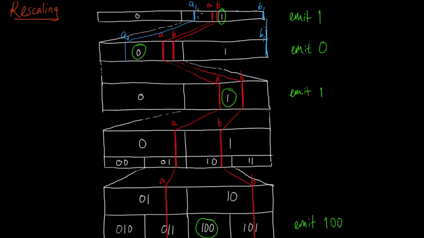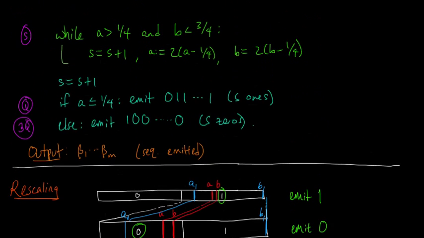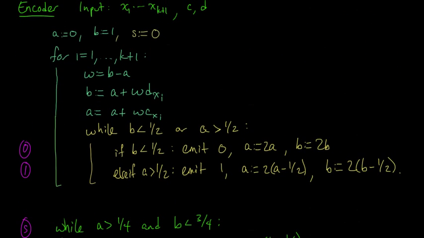So these two operations of rescaling and subdividing commute. They can be interchanged. You're going to get the same A, B here in either case. So that's why we can interleave these operations right here with these operations.